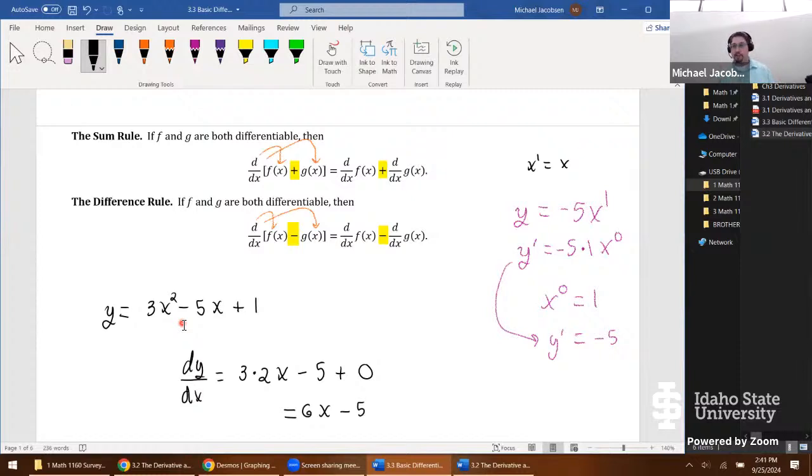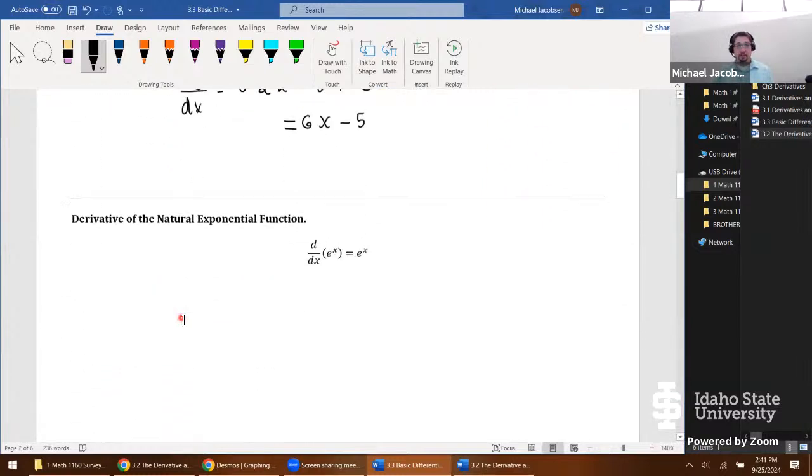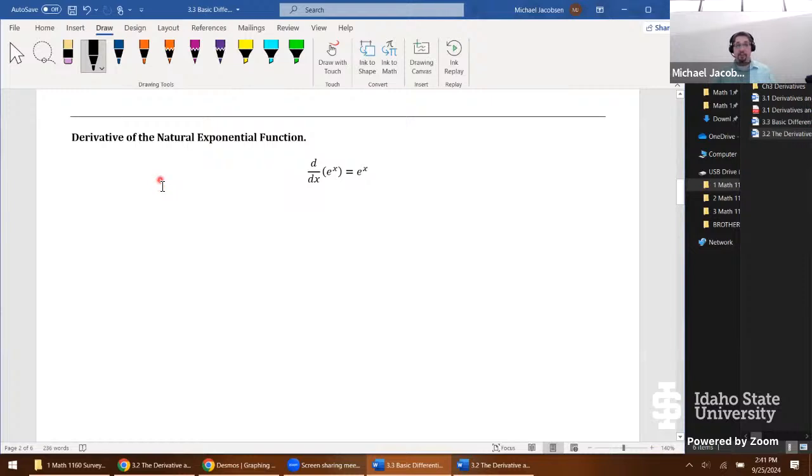Okay, I have one more differentiation formula in the notes, and this one is the world's best all-time derivative. It's called the derivative of the natural exponential function. What makes it natural, as the author calls it, is the base is e, which is approximately 2.71. That number turns out to be extremely special.